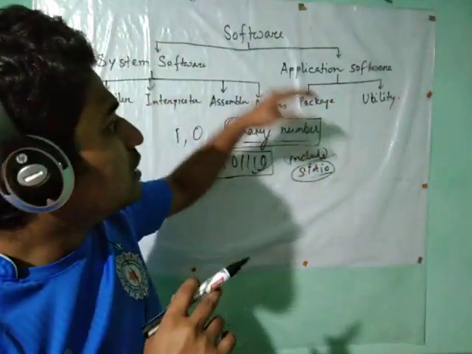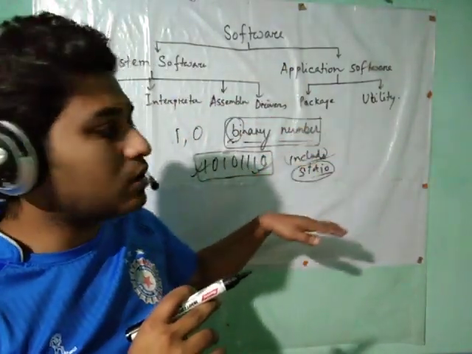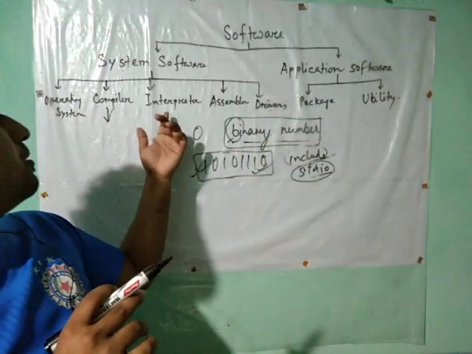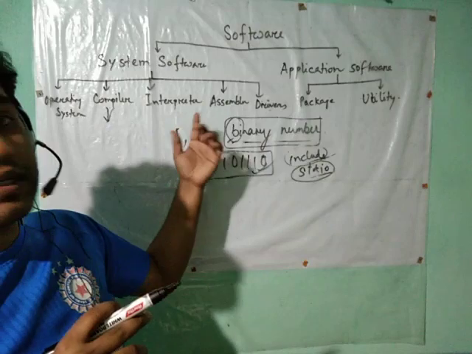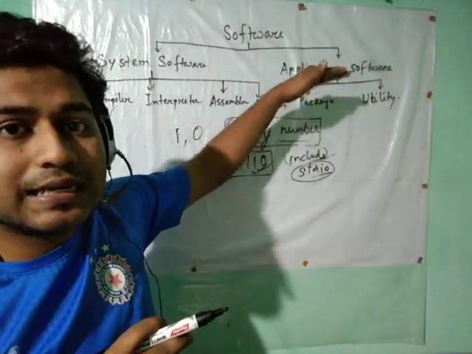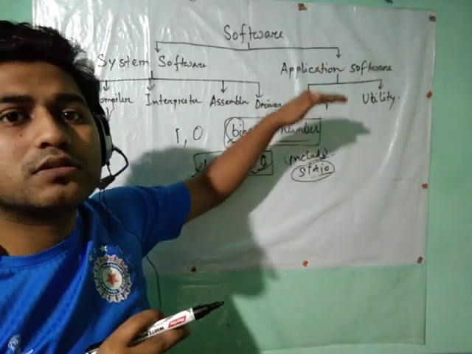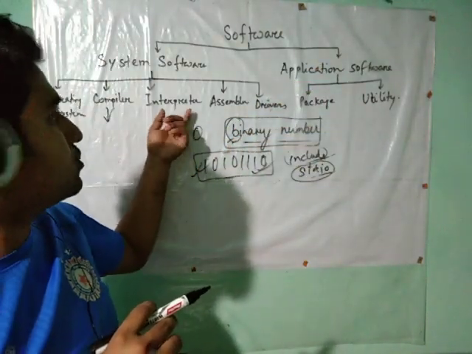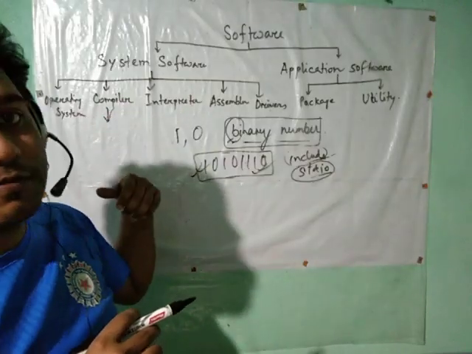Understood? So those all lines cannot be converted into machine language by interpreter. Interpreter will convert them line by line. That means instruction, step by step instruction. Understood? Now interpreter, ये छोटा भाई है, ये बड़ा भाई है। समझ में आया?